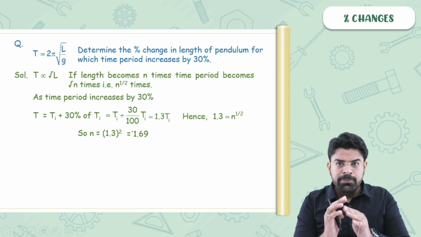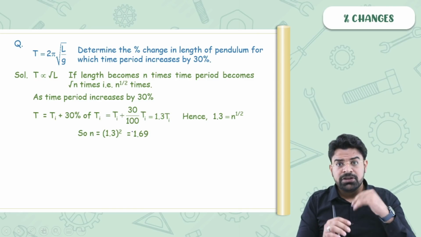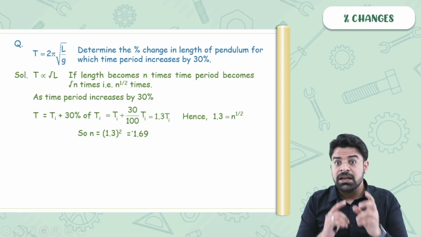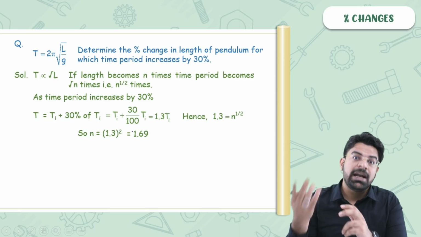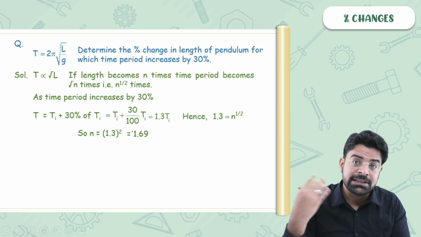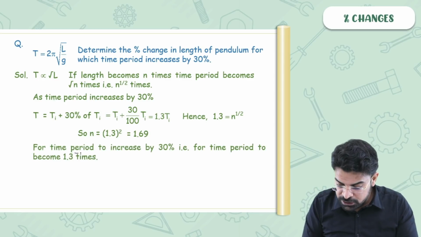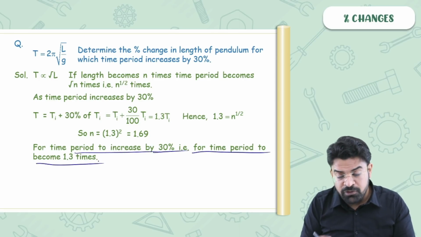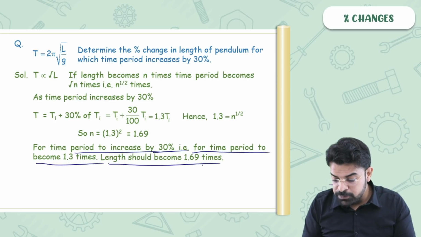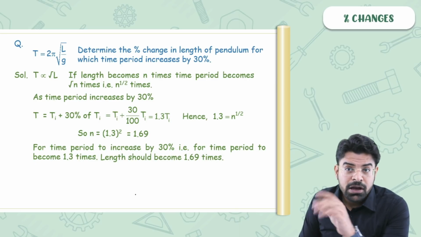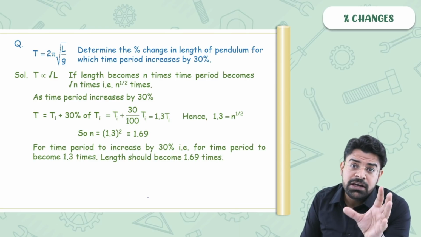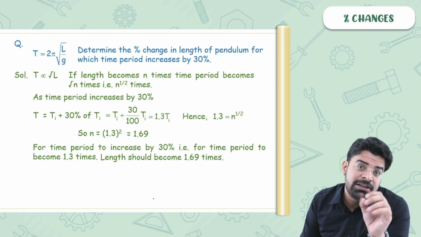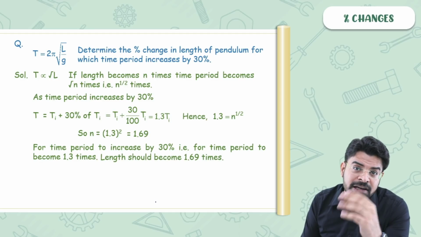So for the time period to become 1.3 times, that is increased by 30%, the length should become 1.3 square times. The length should become 1.69 times. Now, since you know the length final should be 1.69 times the length initial, what is the percentage increase in length required?